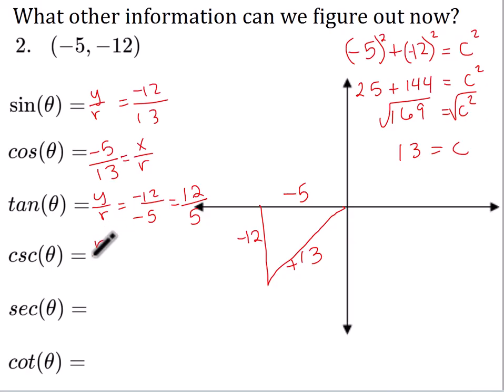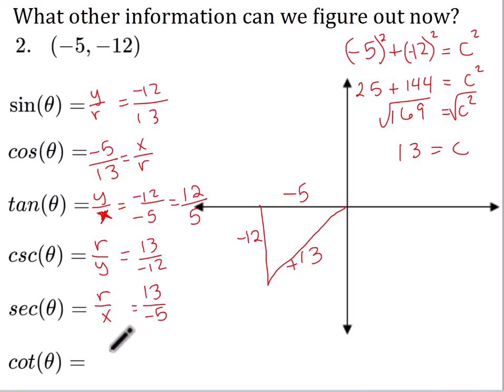Cosecant is r over y. Oh, I said this wrong. Sorry, guys. Tangent is y over x. R over y is going to be the reciprocal of sine, so 13 over negative 12. R over x for secant is 13 over negative 5. And cotangent is the reciprocal.